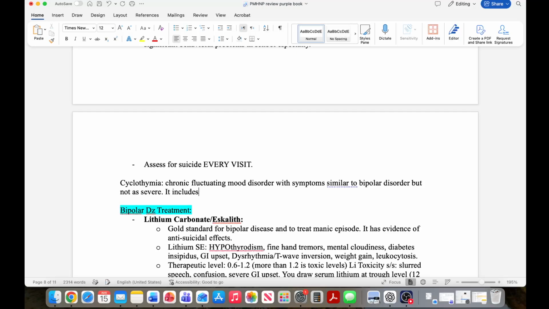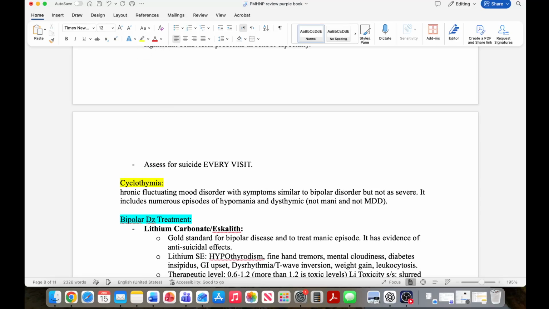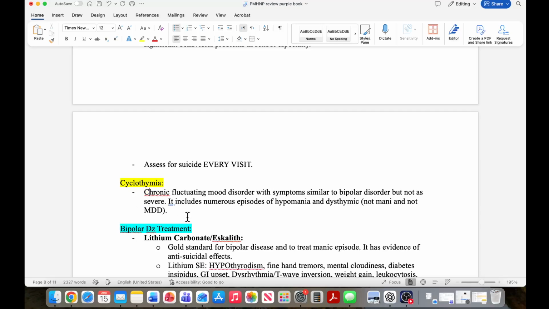It includes numerous episodes of hypomanic, mania, and dysthymic. Okay, notice it's not mania and not MDD. This is important. So these don't fit. Cyclothymia does not fit the criteria for MDD and doesn't fit the criteria for manic. Okay, they're really its own thing.